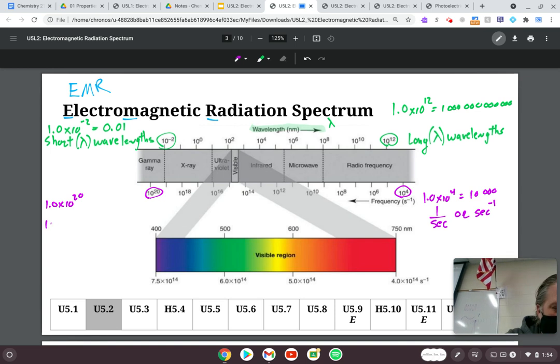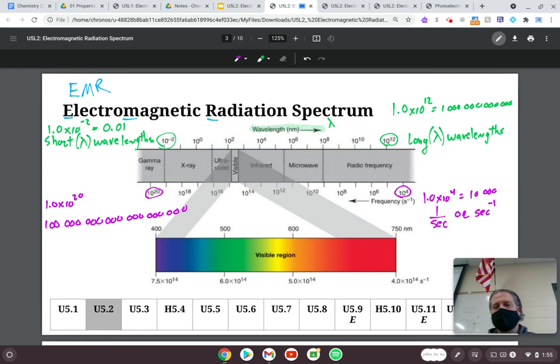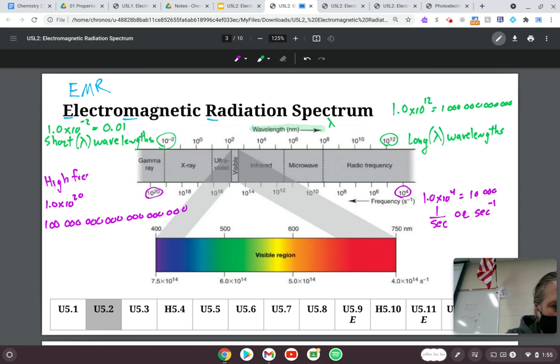So it'll be something like this. And that's your frequency. On the left-hand side, where you see 1 times 10 to the 20, that's really, really high frequency. Dang, that's a big number. And on the right-hand side, you have low frequency.